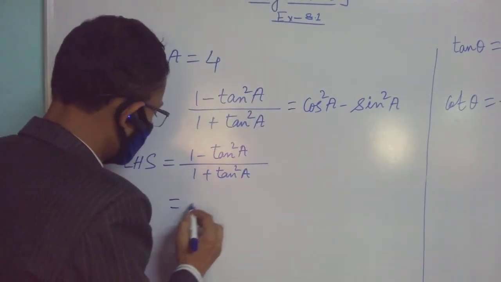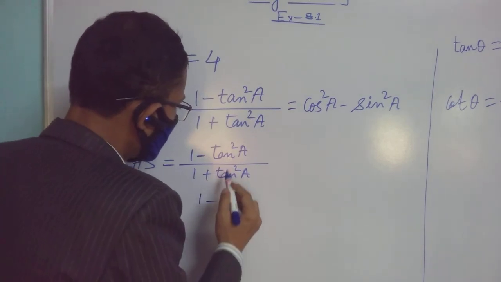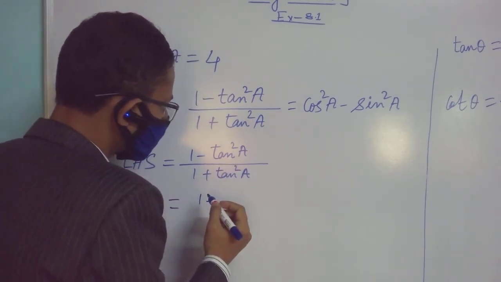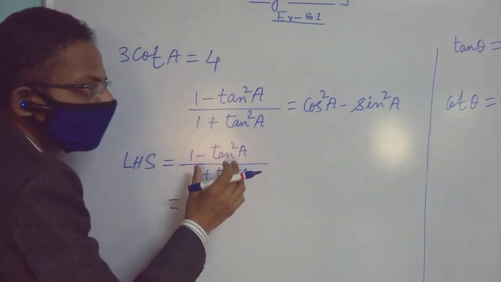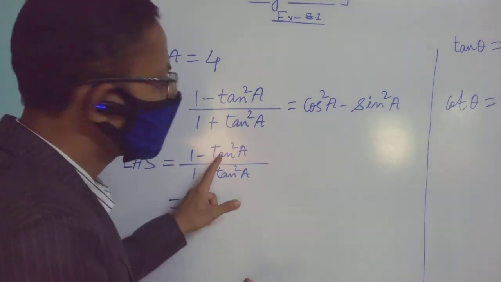So 1 minus tan square A, and before doing that we can simplify it further.